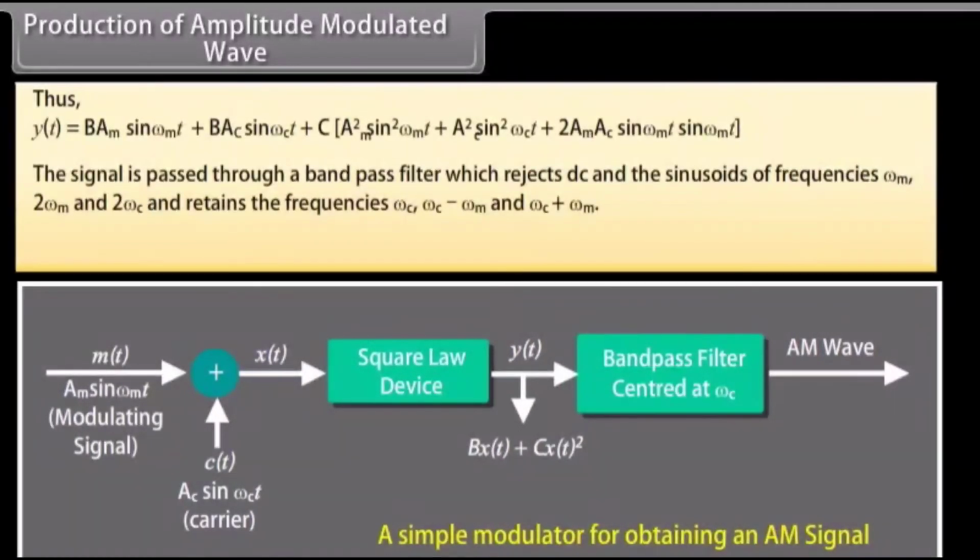The signal is passed through a band-pass filter which rejects DC and the sinusoids of frequencies omega_m, 2 omega_m and 2 omega_c, and retains the frequencies omega_c minus omega_m and omega_c plus omega_m. The output of the band-pass filter, therefore, is an AM wave.